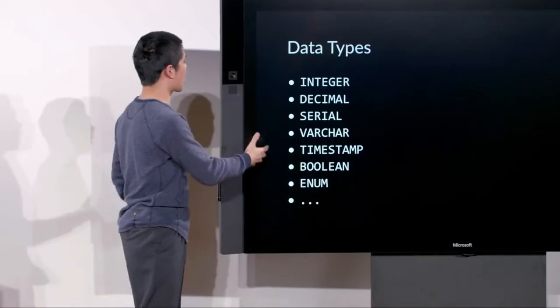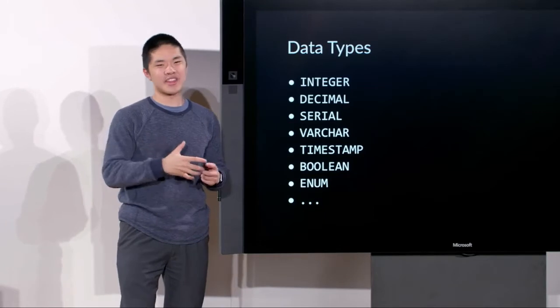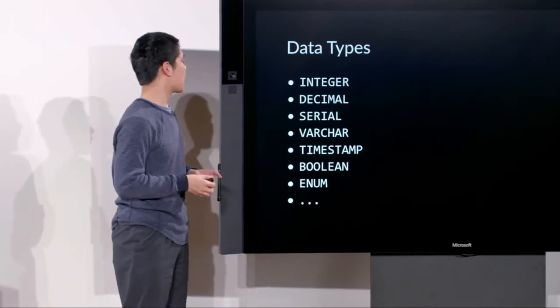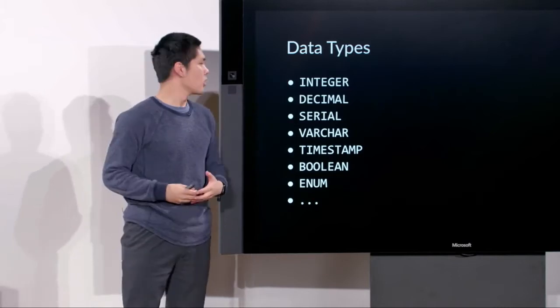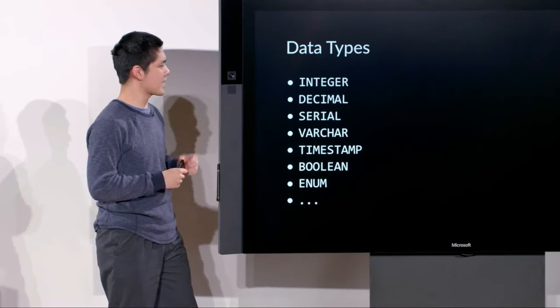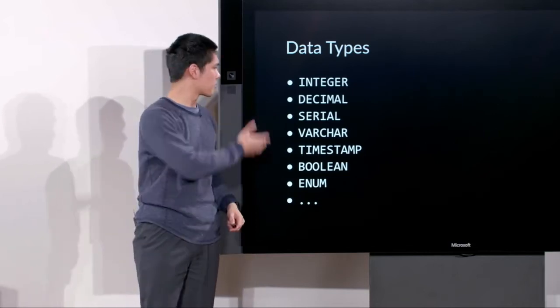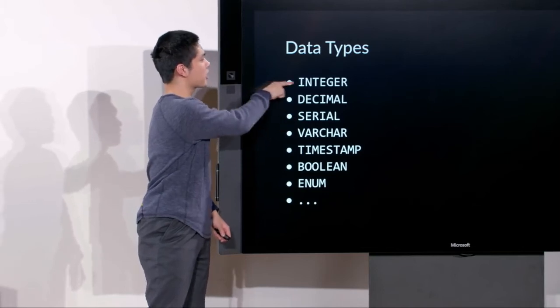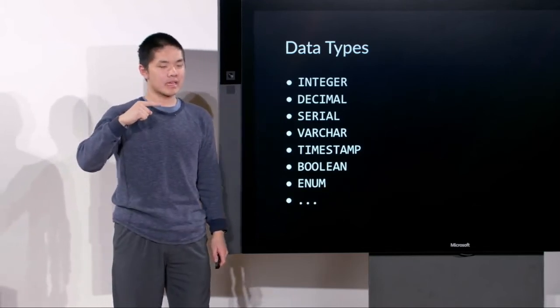So what we see here are a couple examples of the types of data that a SQL database might have. Data might be in the form of an integer or a decimal, which can have a decimal point. Serial is a common data type that you'll see in SQL or in PostgreSQL specifically. A serial data type is basically just like an integer, except it counts automatically.